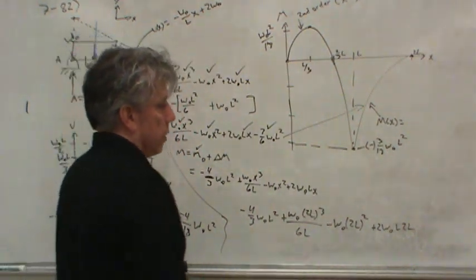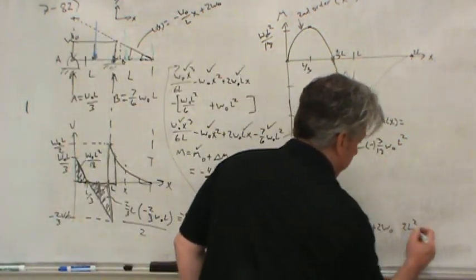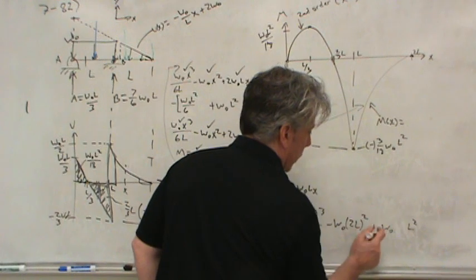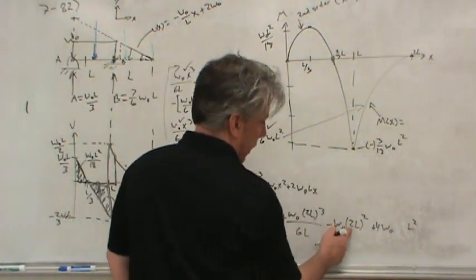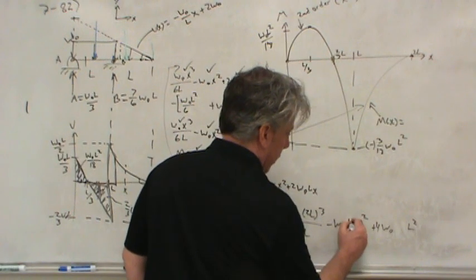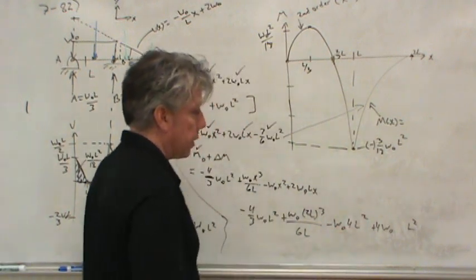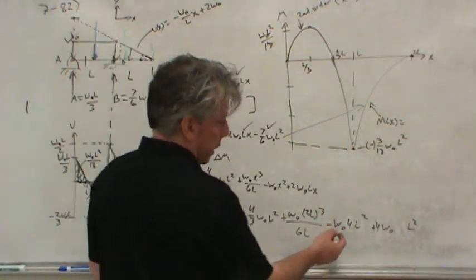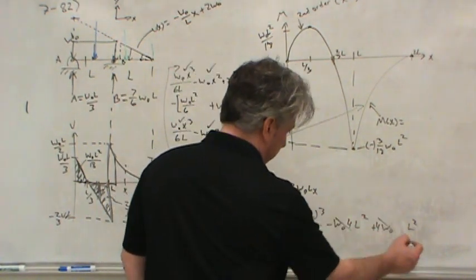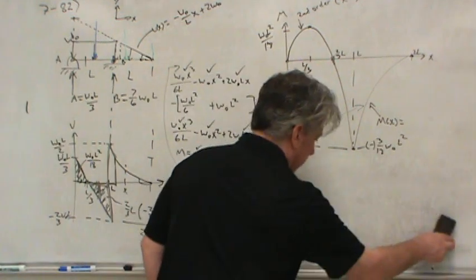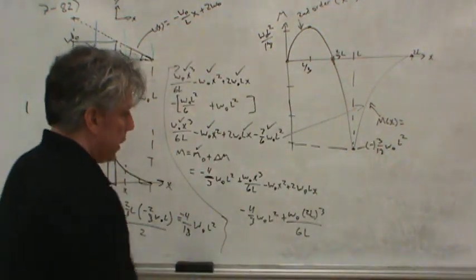All right, so let's see. If we put these two L's together, we'd have L squared. Put the 2's together, we have 4. Simplify this just a bit, we'd have 4L squared, because 2 times 2 is 4. We notice immediately that W naught L squared plus 4 minus 4, those two cancel and are gone. So that's nice. Now do these two cancel?